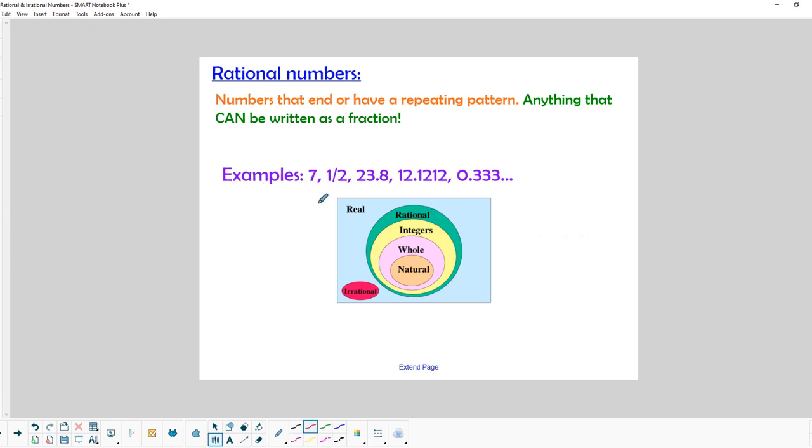So there are numbers like the ones we talked about, the natural, whole, and integers that can be written as a fraction, but there are also numbers in between those counting numbers, like 1/2, 23.8, 12.1212, or even repeating decimals, 0.33333.